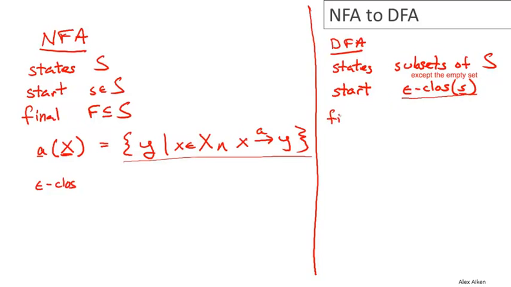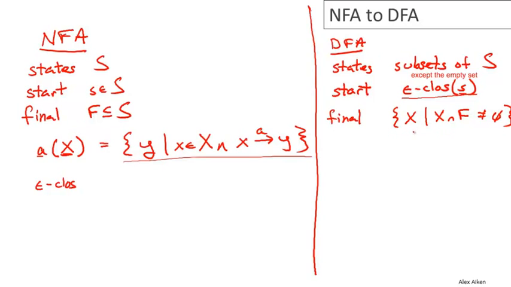Now, what is the set of final states? Well, the set of final states will consist of those states X, and remember the states of the DFA are sets of states of the NFA, so X is a set, such that X intersected with the set of final states of the NFA is not empty. So any state of the DFA that has at least one final state of the NFA in it is good enough as a final state for the DFA.